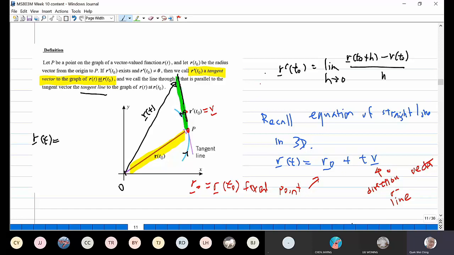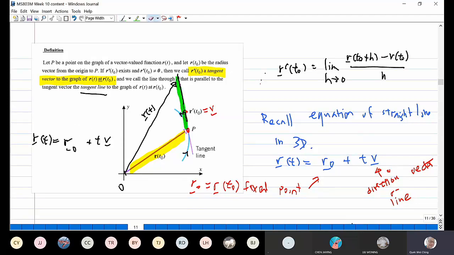The equation of the line now is actually r(t0), which is a fixed point, plus a multiple of v. This green line is a multiple of v. That's why you get r0 here plus a multiple of v.